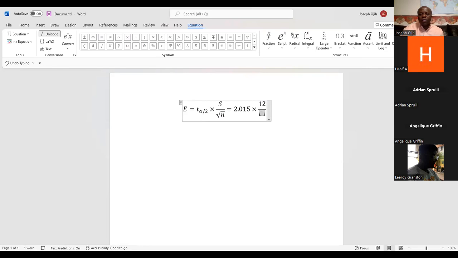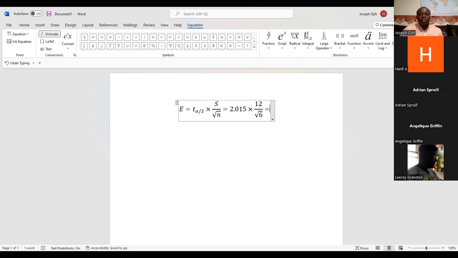There are 6 wrestlers, so n is 6. This is what we're going to put in the calculator: 2.015 times sample standard deviation of 12 over the square root of 6.